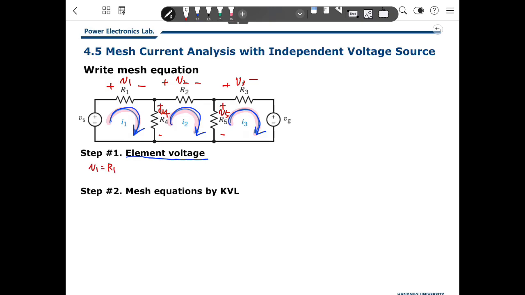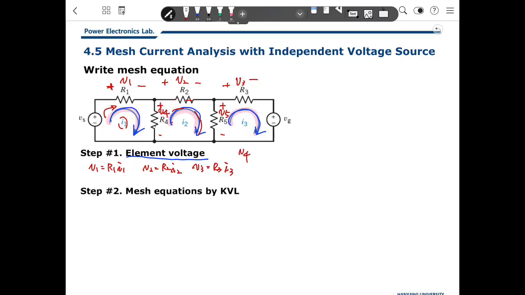V1 is R1, this is the plus side, and I1 is going here, so R1 I1. And V2 is the same way. This is R2, and there is only mesh 2's current, I2. V3 will be R3 I3. How about V4?